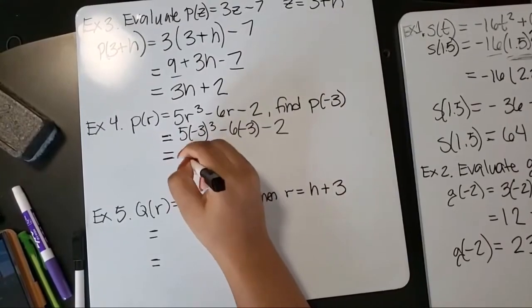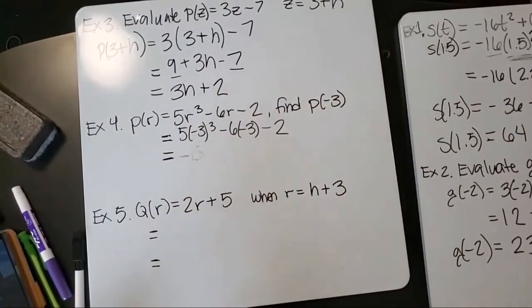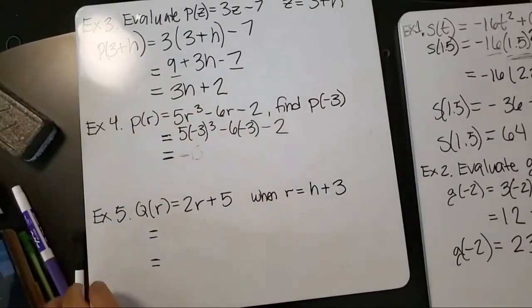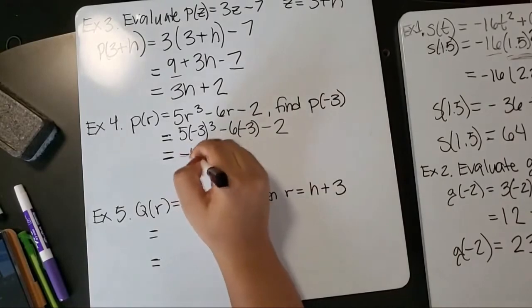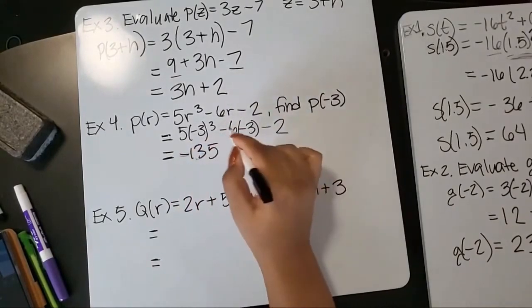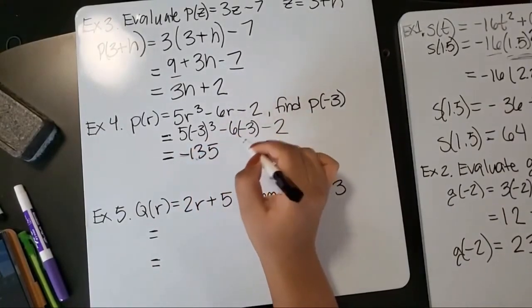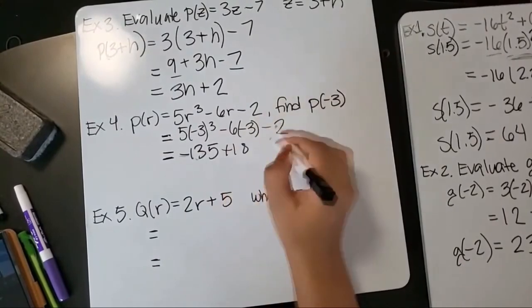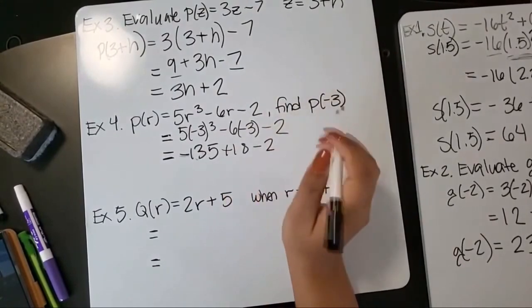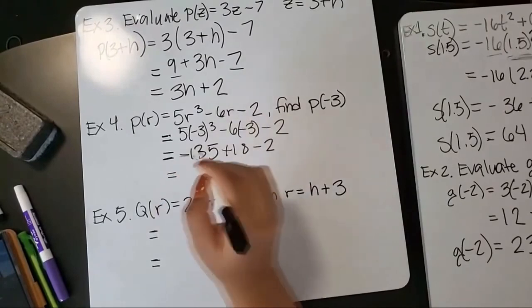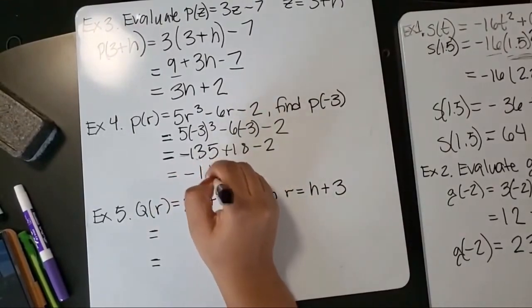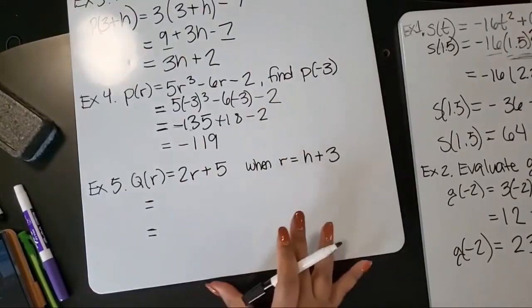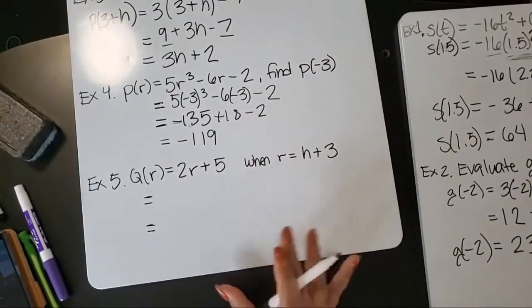We get -135. -6 times -3 is +18. Then we bring that -2 down. So our final answer will be -119.